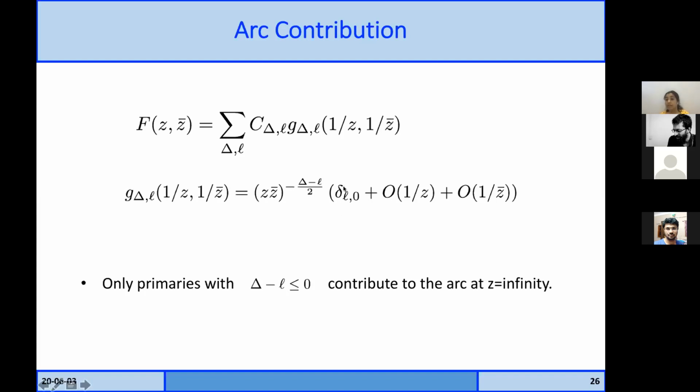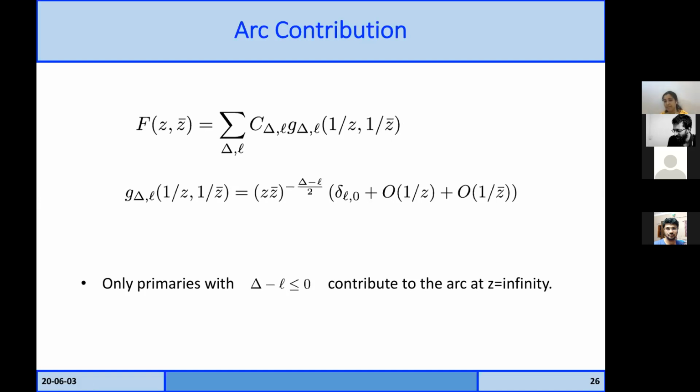Sorry, Parijat, I just have a continuation of Pinaki's question. Are you saying that if delta minus L is negative, then the overall multiplier is Z Z bar to some positive number? Yes. Then if that multiplies a higher spin term that's order 1 over Z, you might still get something that has a positive power? Yes. So suppose you expand this block, and anything that you get which has a positive power of Z will contribute to the arc.